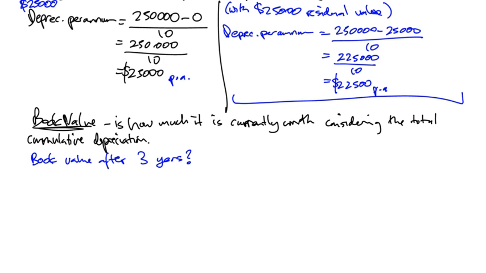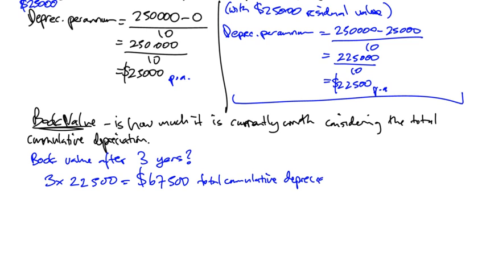Well, it would be 3 times 22,500. So I'm going to need to grab a calculator for that. Three times 22,500 gives us 67,500 total cumulative depreciation after 3 years.